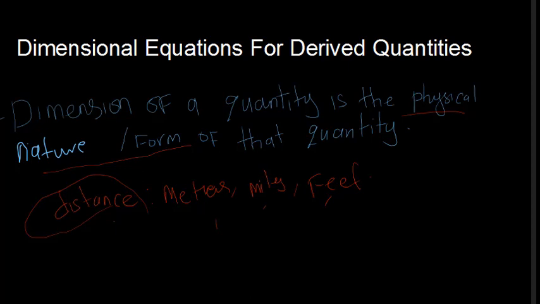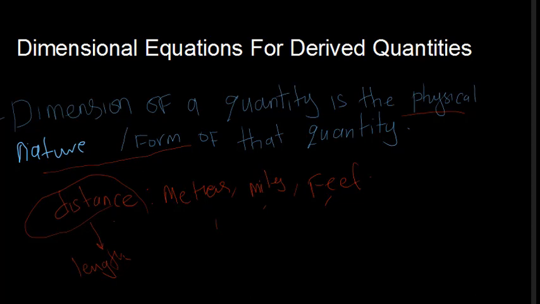But you also know that when measuring a distance, you're basically trying to measure the length. So whatever distance you're trying to measure, all in all, you're trying to measure the length. In other words, the physical nature or the physical form of this derived physical quantity, distance, is the length.